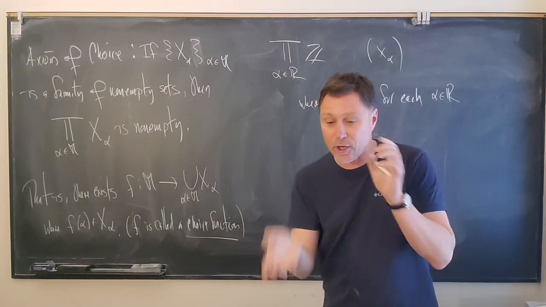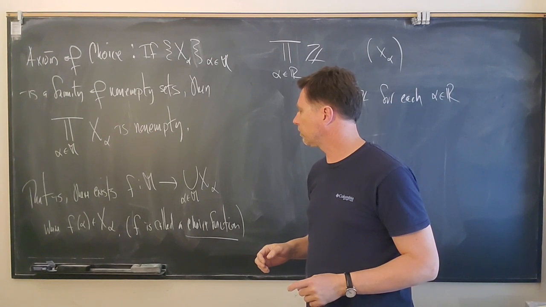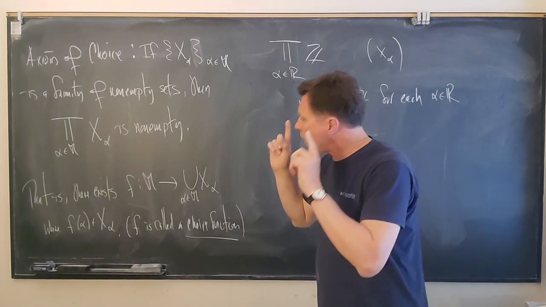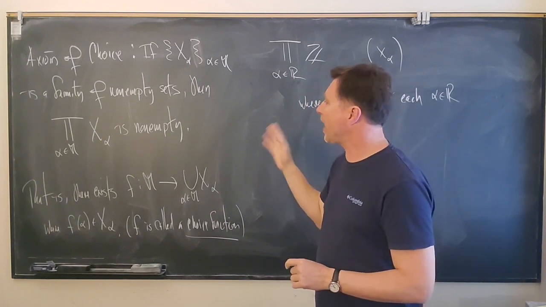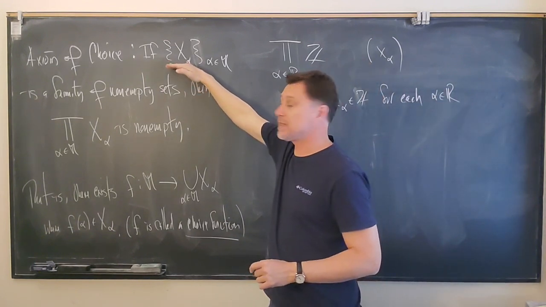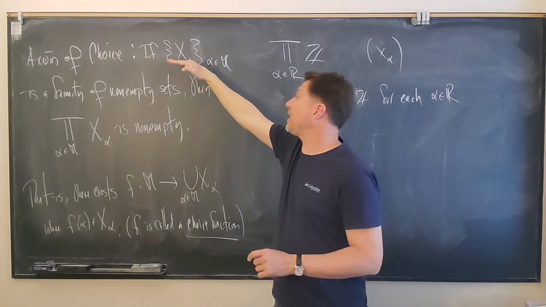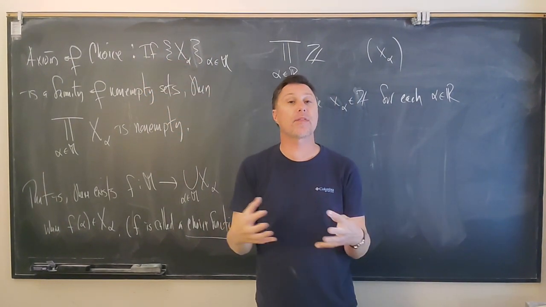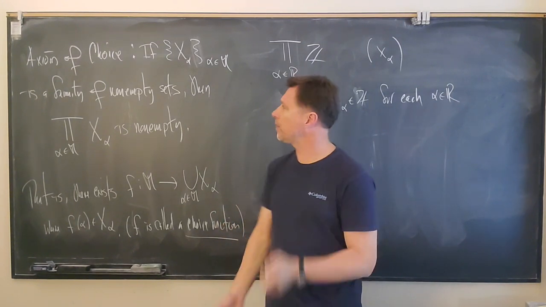Here's another way to think of the axiom of choice. Anytime you have a family of non-empty sets, you can take one element from each of those and lump them together into a set. Let's say that again.